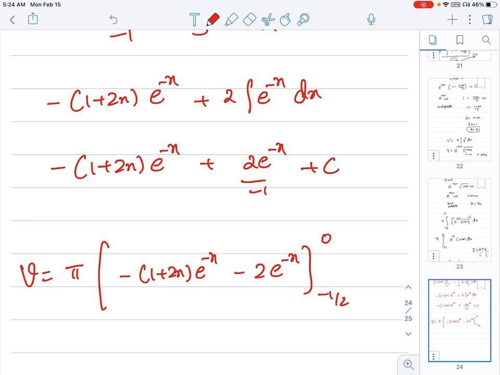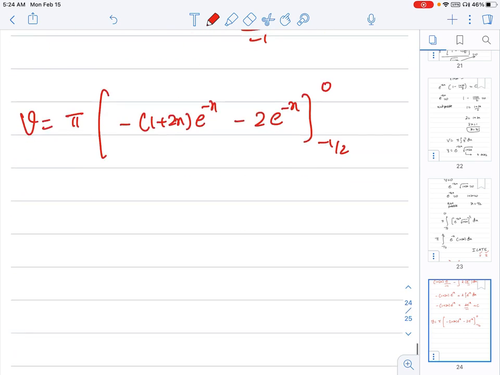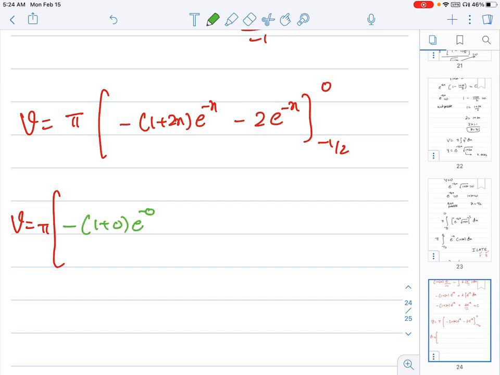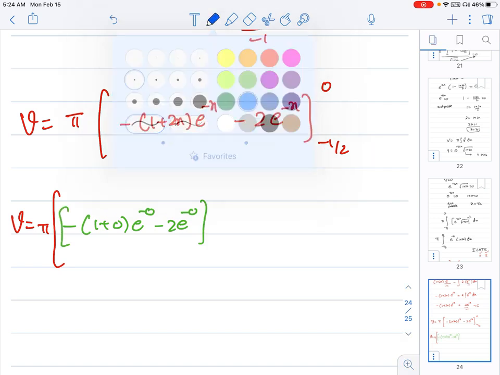Substitute carefully. So substitute the upper limit: pi times minus 1 plus 0 e to the power of minus 0 minus 2 e to the power of minus 0. Upper limit minus lower limit.